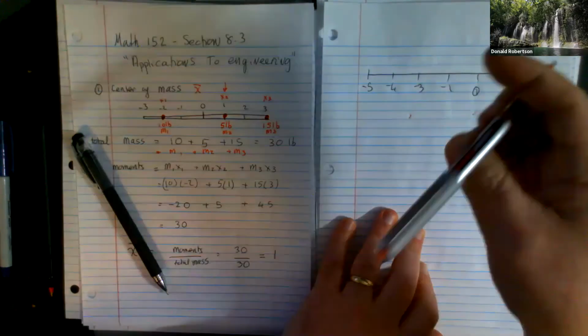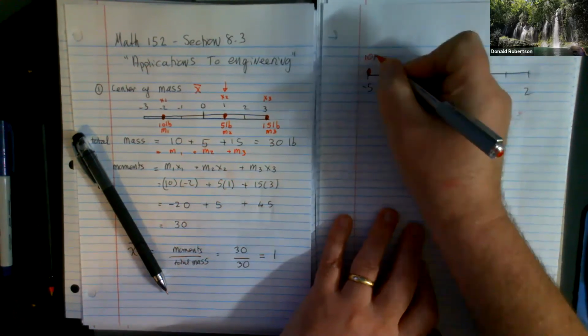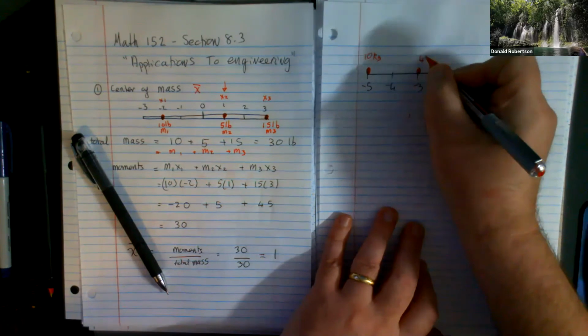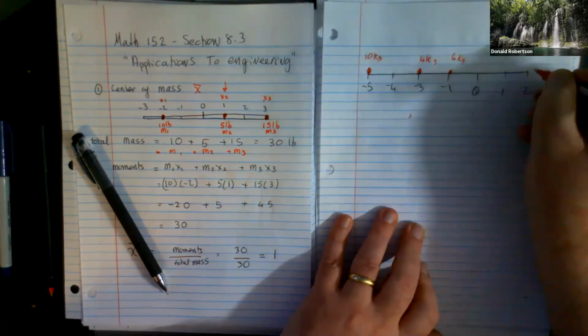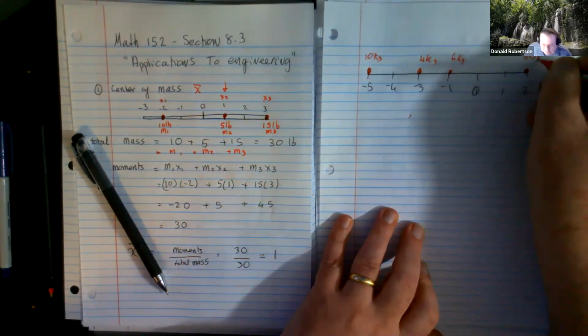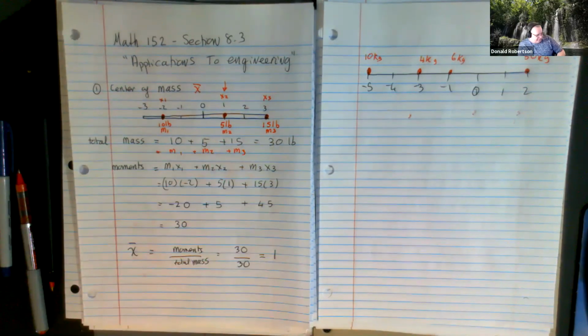It's going to be a weight here. I'll make it kilograms. 10 kilograms, 4 kilograms, 6 kilograms, 50 kilograms. Find the center of mass of that situation.